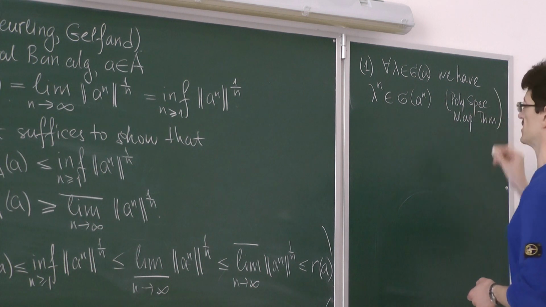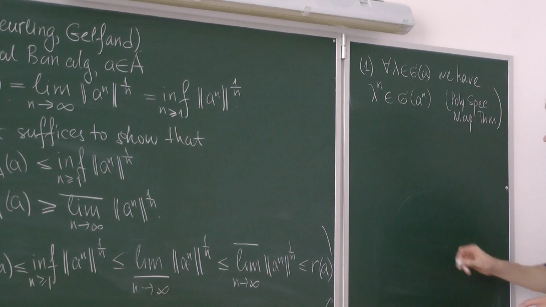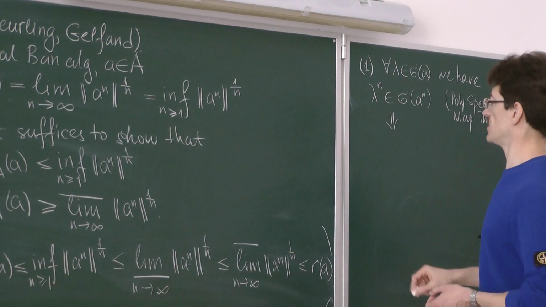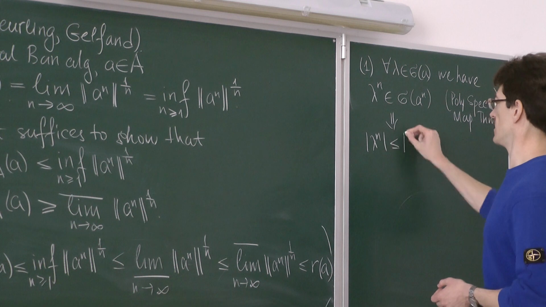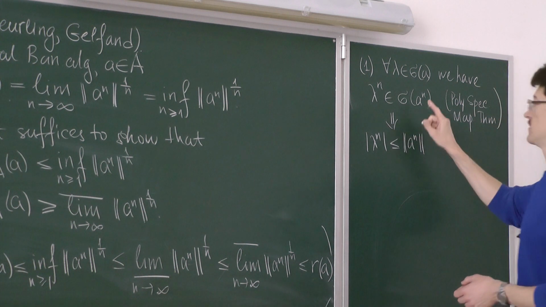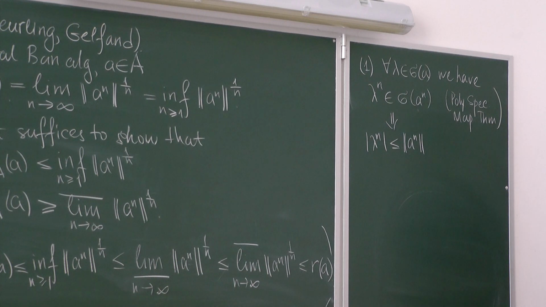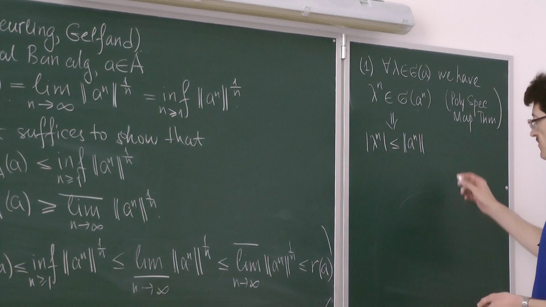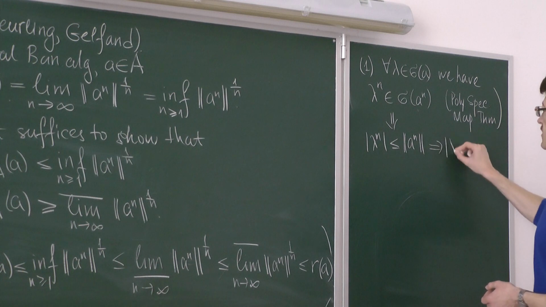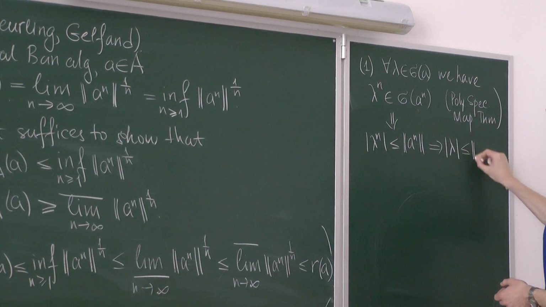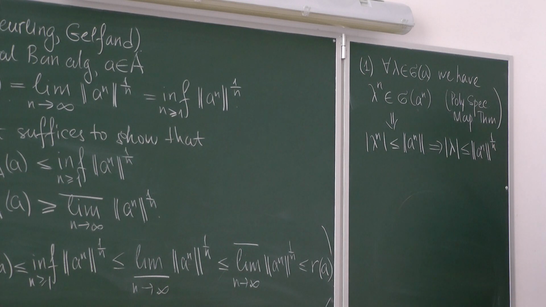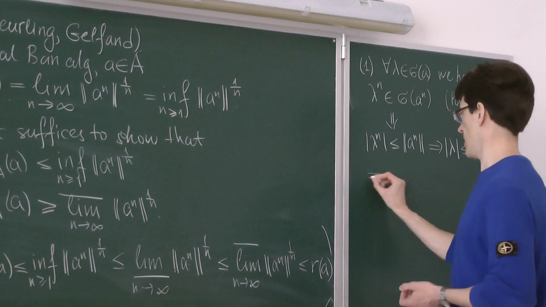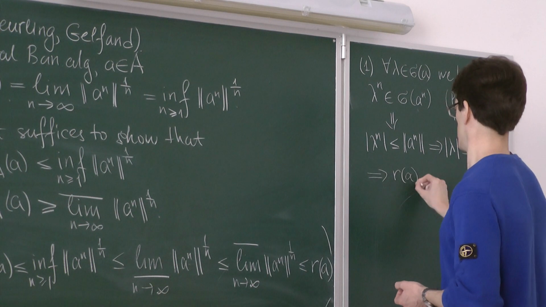And this implies that the absolute value of lambda to the power n is less than or equal to the norm of this element. If we now take the nth root, we get the following. And finally, we take the infimum over n, and we get inequality 1.